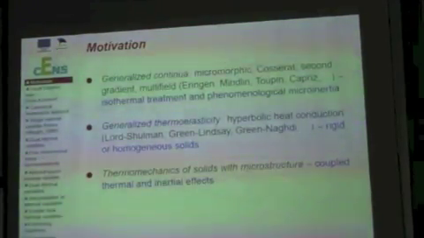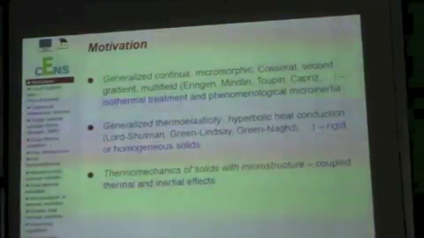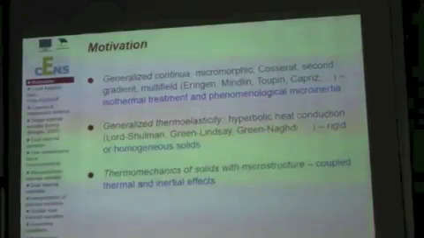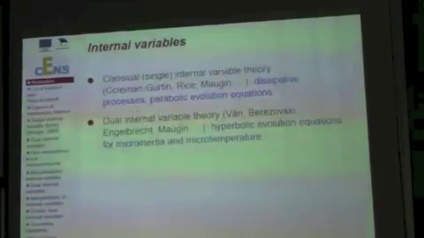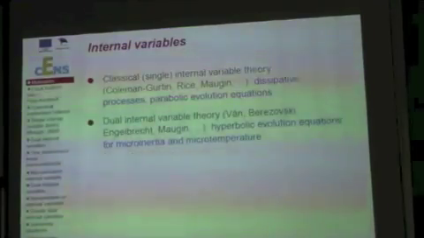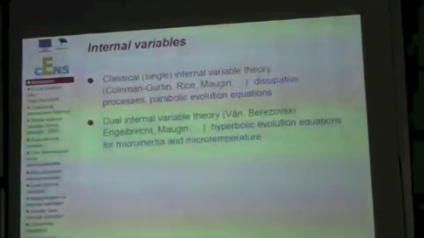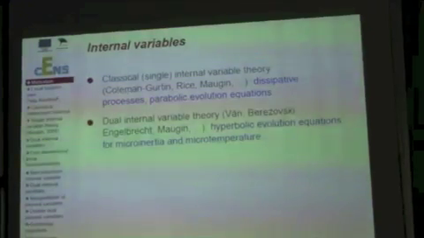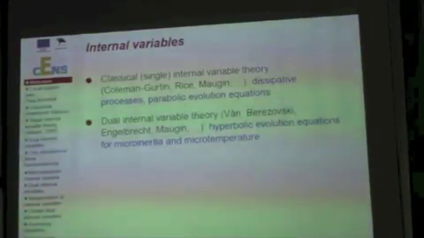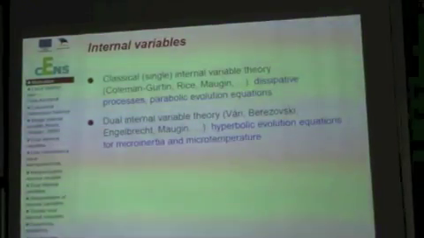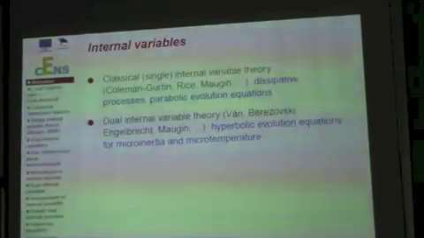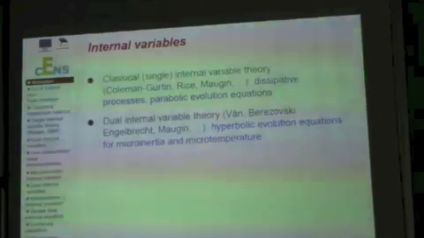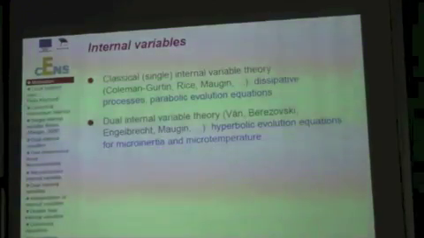So I would like to say something about the internal variable approach. In internal variables we have the classical approach, the so-called single internal variable theory, and this theory is usually limited by dissipative processes and parabolic evolution equations for internal variables.